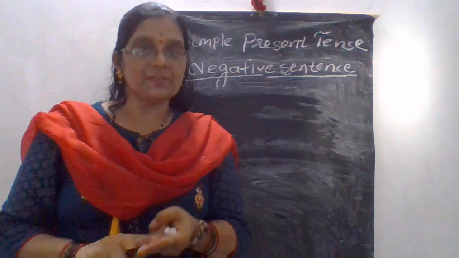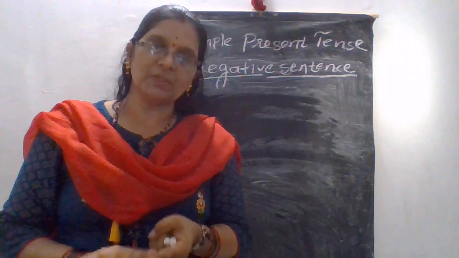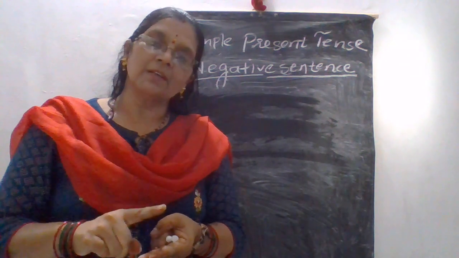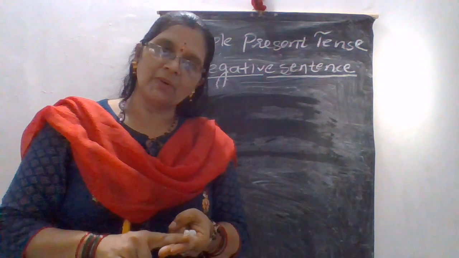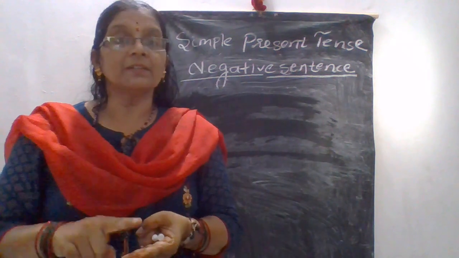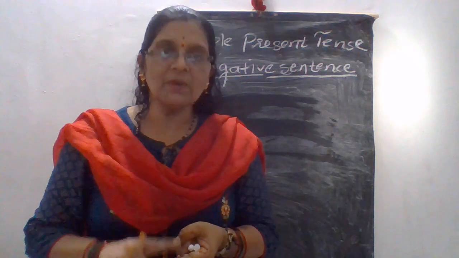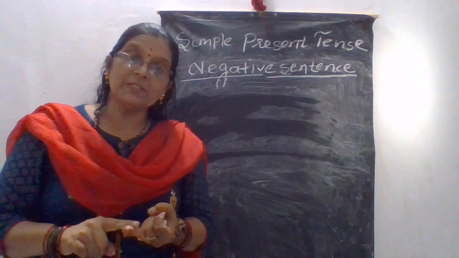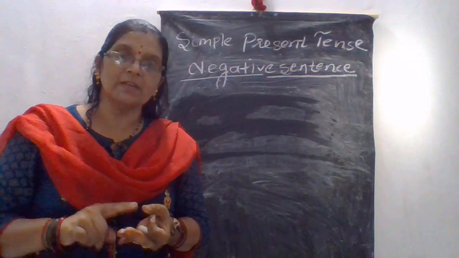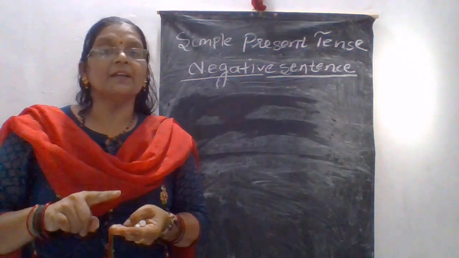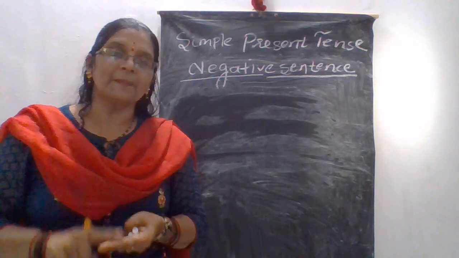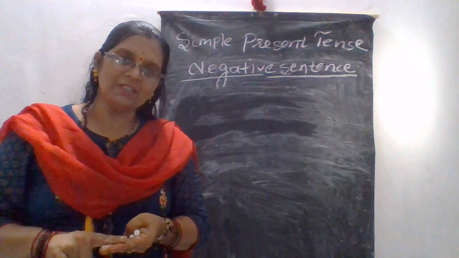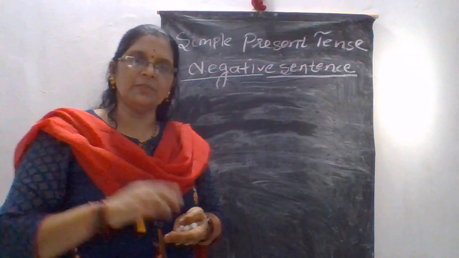As we construct present simple sentences, we are just seeing subject and directly the main verb and then the object. But there is a hidden verb and that hidden verb we have to find. When the subject is singular and the verb has s or es, then does is there. And if there is no s or es on the verb, then do is there. So by adding not to it, you can make the negative sentence directly.